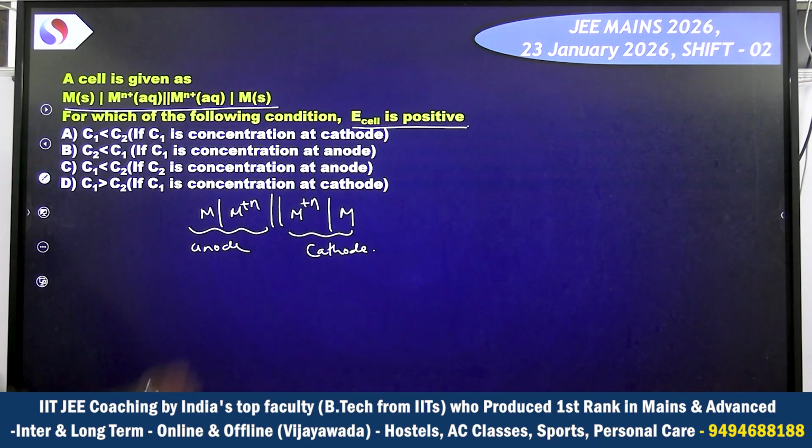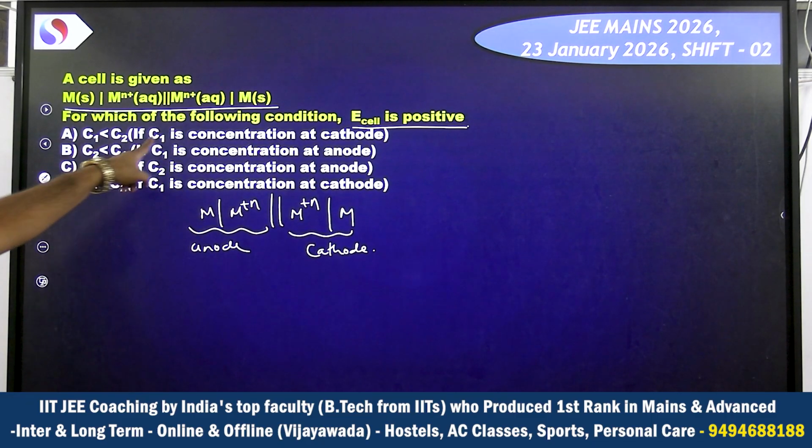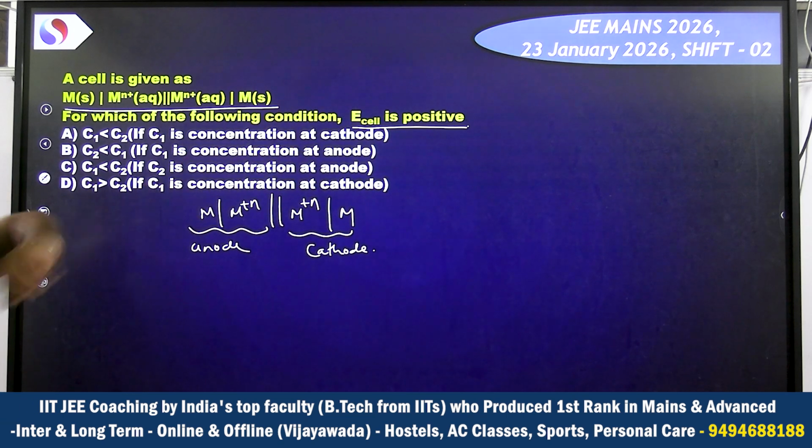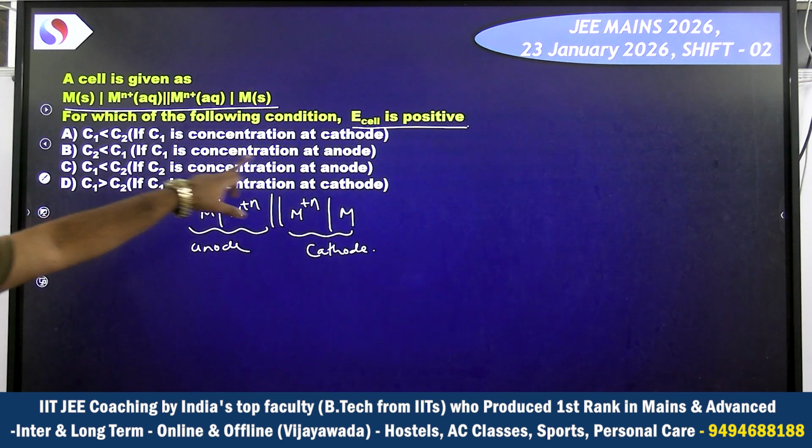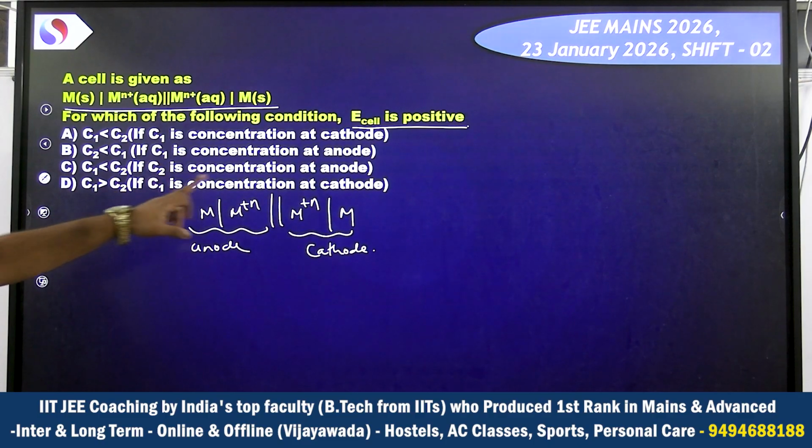The option is saying C1 is less than C2. If C1 is the concentration of cathode, C2 is the concentration of anode. So let's see.